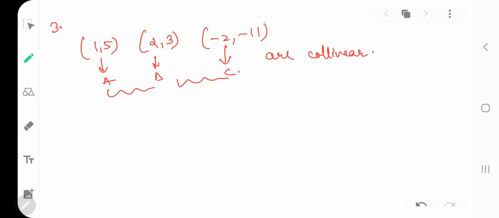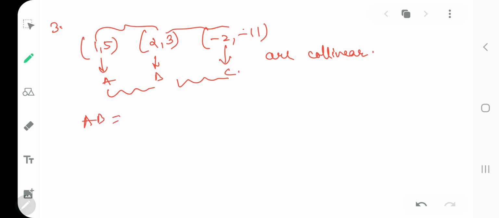So first you have to find the distance between AB, and then the distance between BC, and if they are equal, you will say the points are collinear. Clear? You can also go for the distances AB, BC and AC.